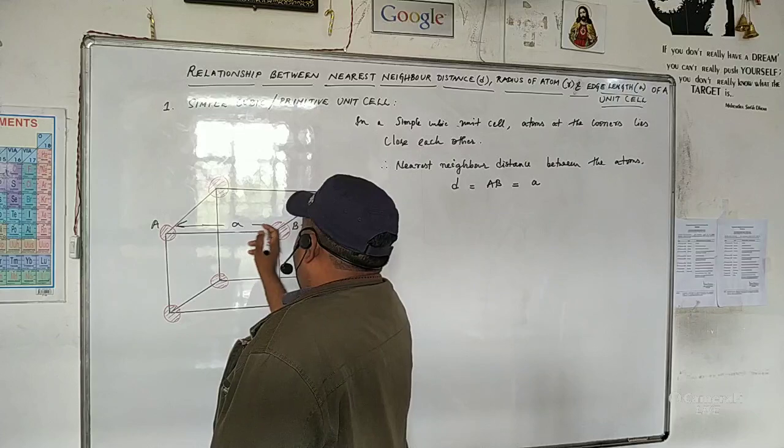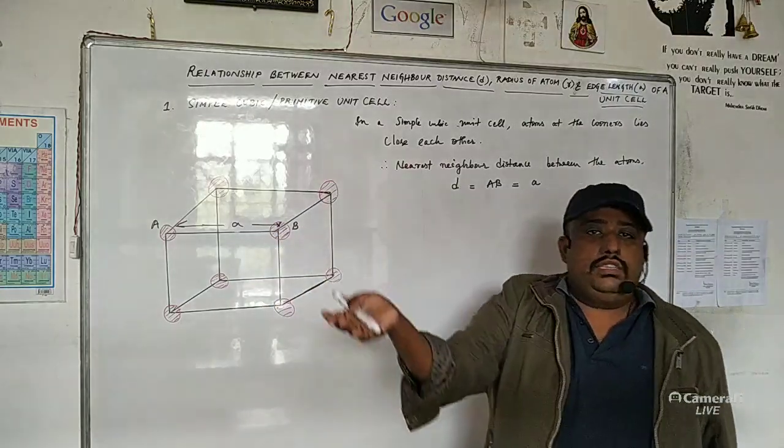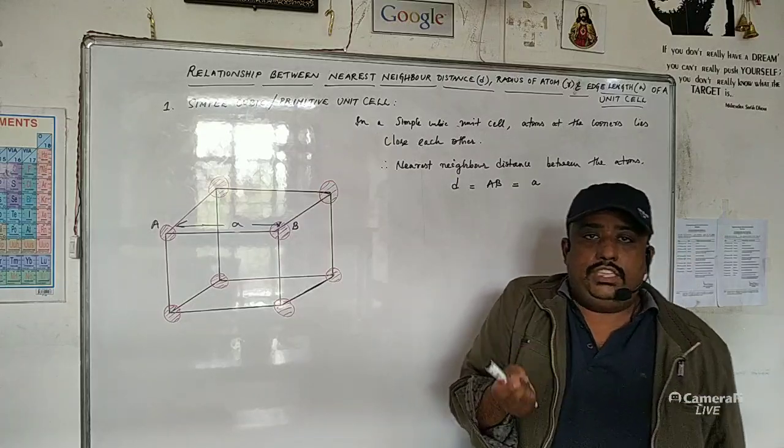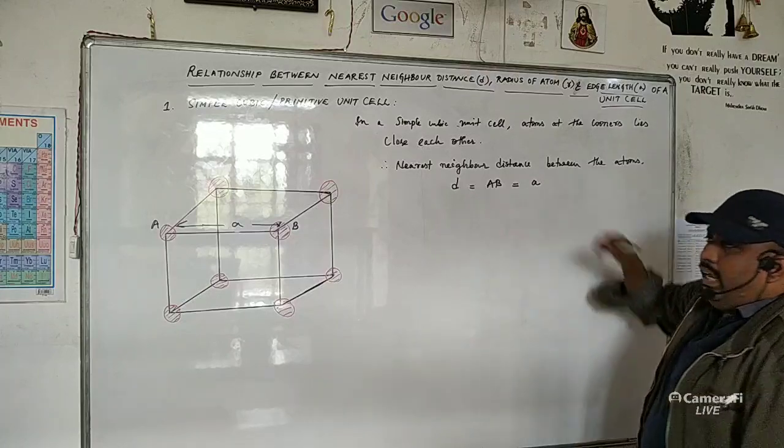AB is the edge length, or the side of the cube. There are 3 parameters: length, breadth and height. So let's consider d as a.